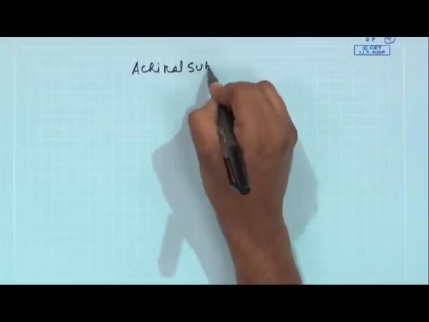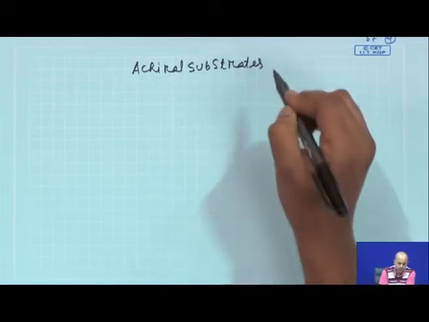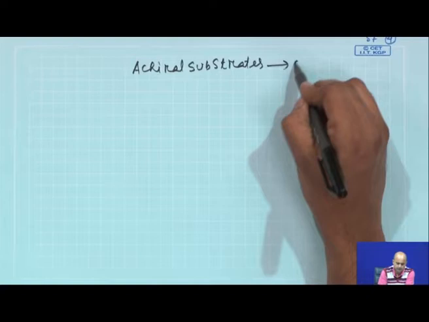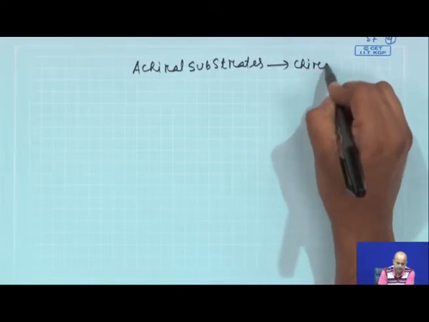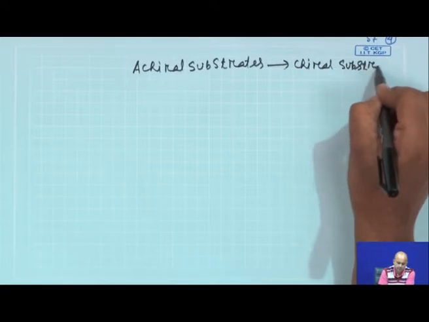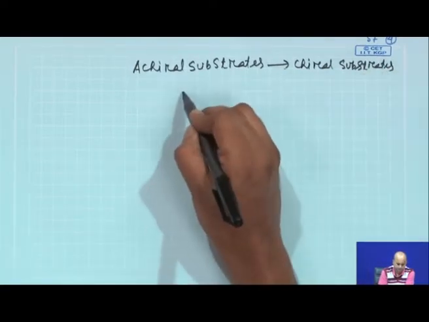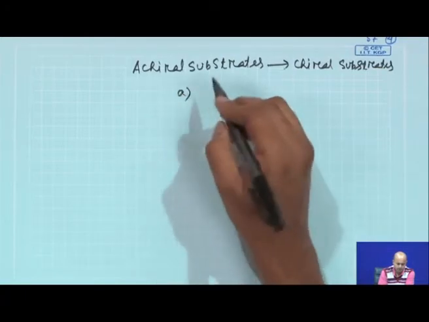In the final part of this absolute asymmetric synthesis, we will talk about what happens if you have achiral substrates. What is the usual way to create chiral substrates or to create an asymmetric center? There are numerous ways.